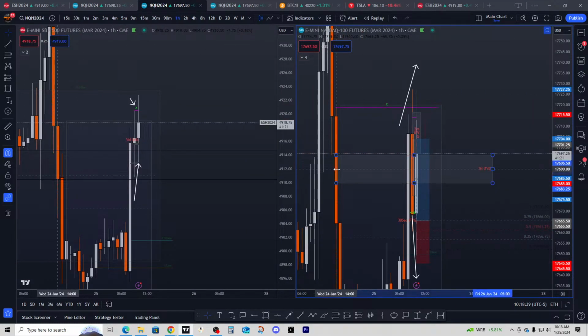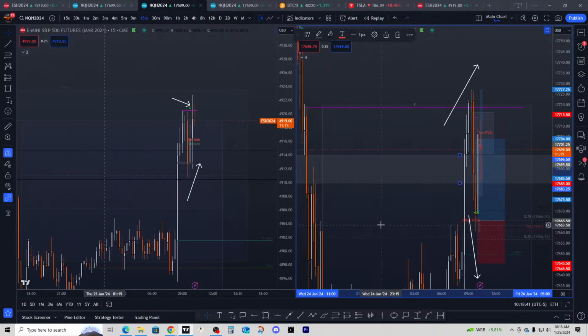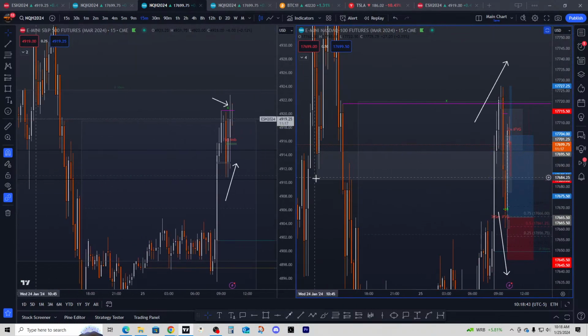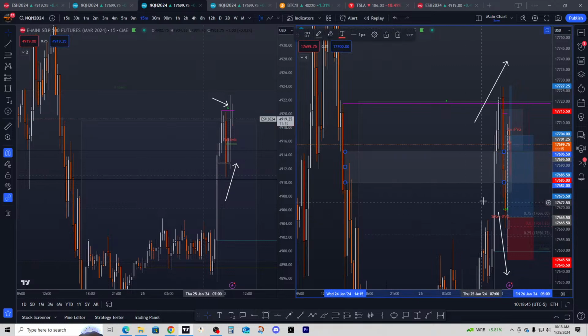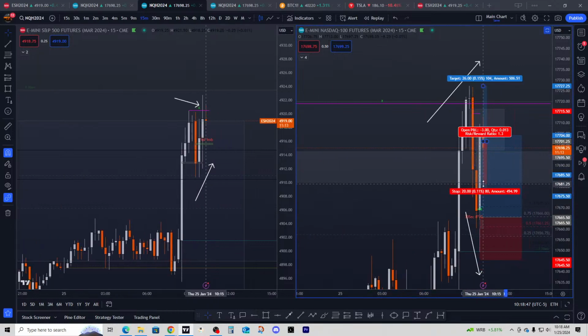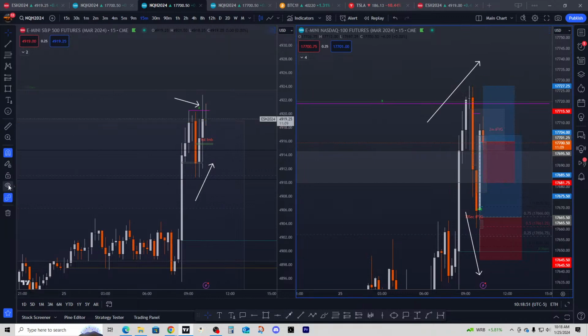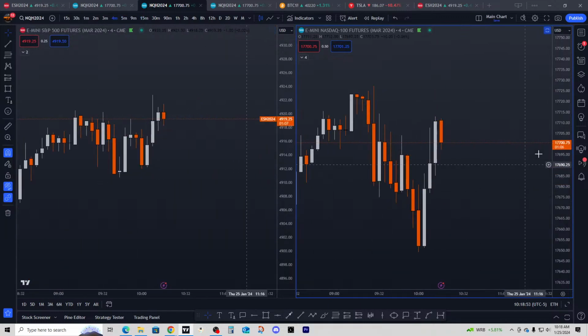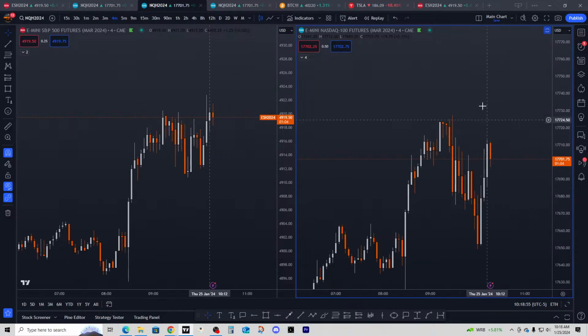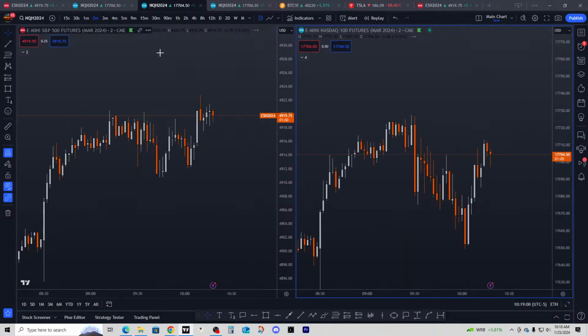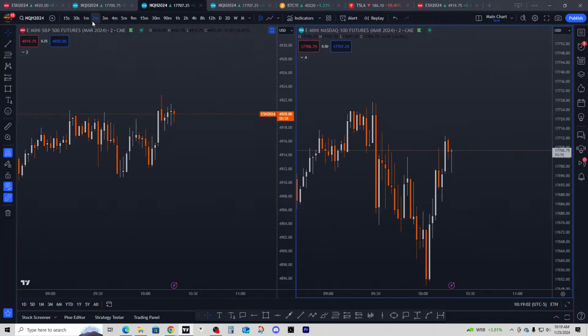We could say this 1 hour inversion. No, that's not 1 hour, it's a 15 minute. This 15-minute inversion. So I need to go below all those PD arrays if it was gonna go bearish. Once the third one's taken, you're screwed.